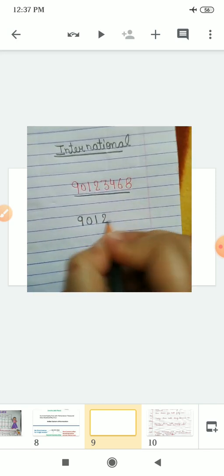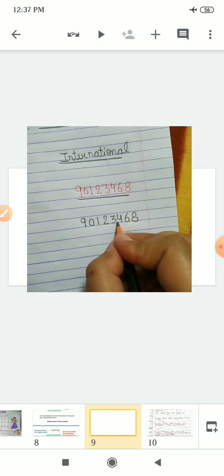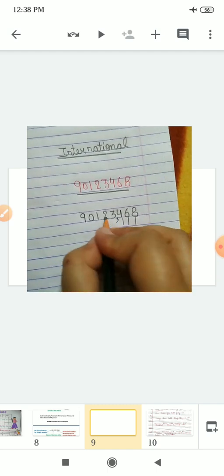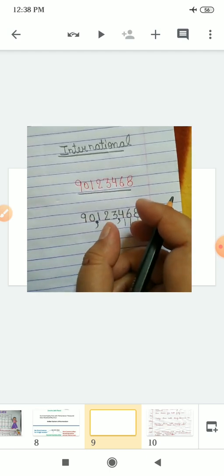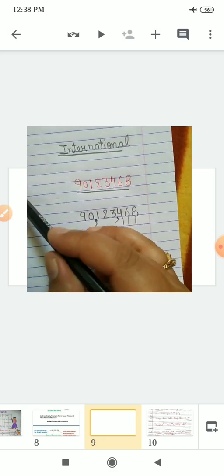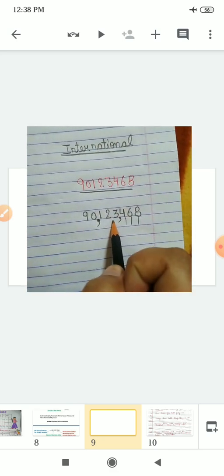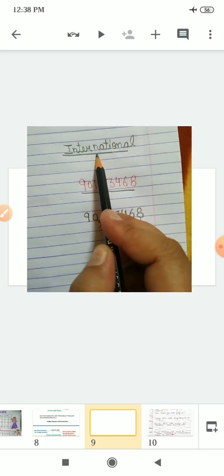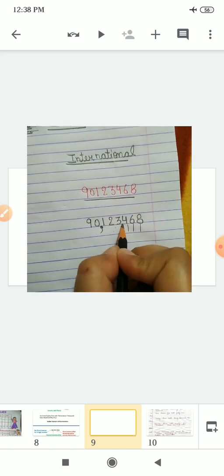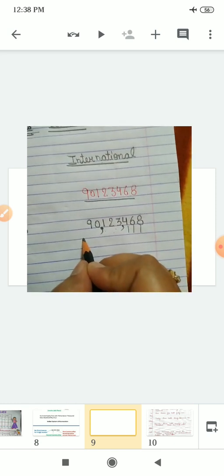This is the easy method for remembering the commas to put in the Indian system and in the international system. Again I am repeating, in the international system you will put commas after every 3 digits. Here 3 digits, here 3 digits, and so on. But in the Indian system you will put the first comma after 3 digits, then after 2 digits, then after 2 digits. Understood? I hope you all have got what I am trying to say.